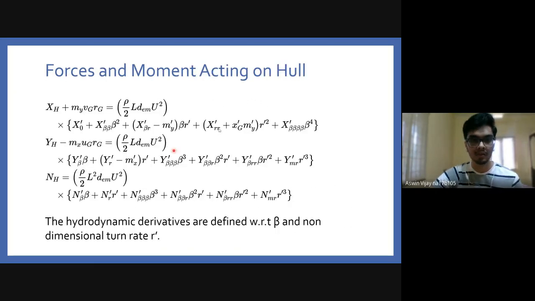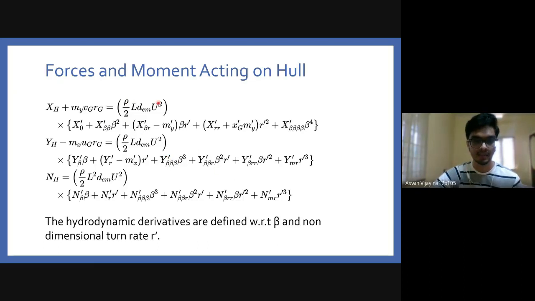So going on to the forces and moments acting on the hull. You can see that the hydrodynamic derivatives expressed as x naught, x beta beta, y beta beta beta are all defined with respect to beta, the drift angle, and the non-dimensional turn rate r dash. It's not unlike other models, which is v and r. Here it's defined with respect to beta.